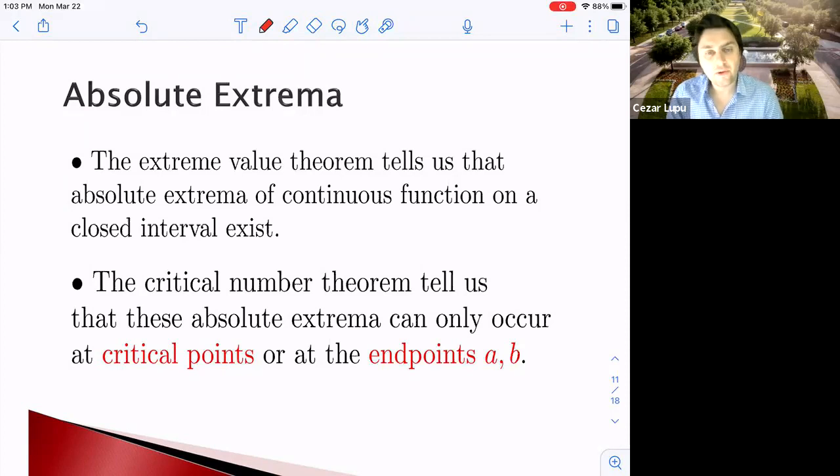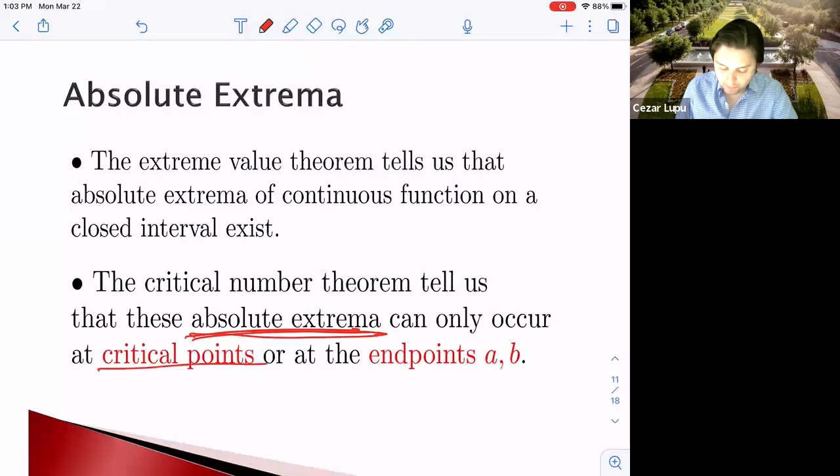The critical number theorem tells us that the absolute extrema can only occur, and pay attention, at critical points or at the end points. This is important. I want you to distinguish between these two.